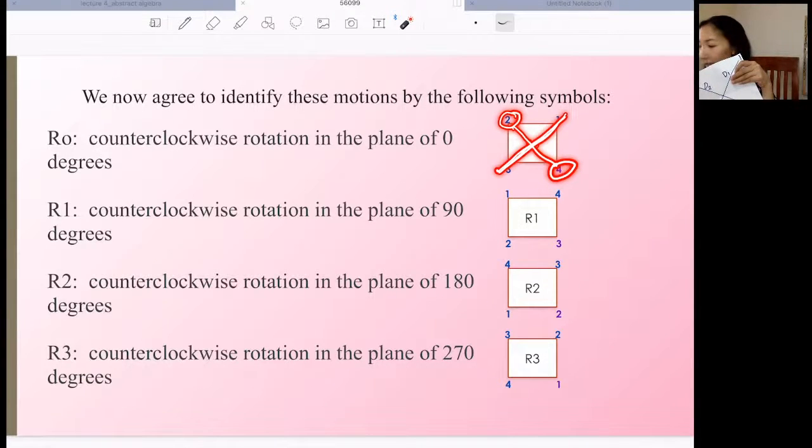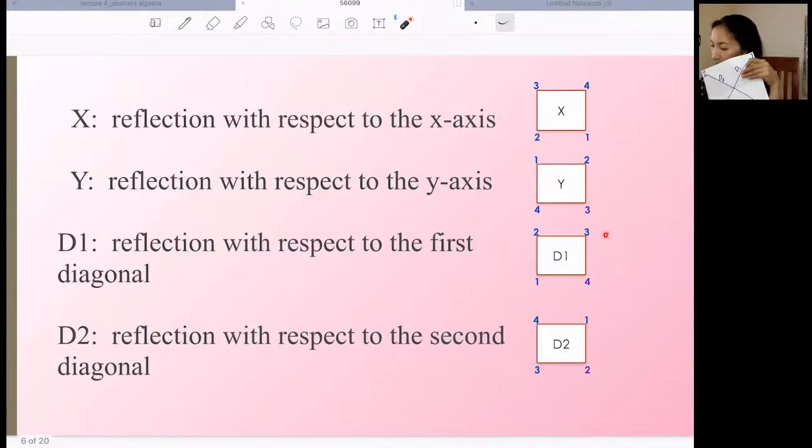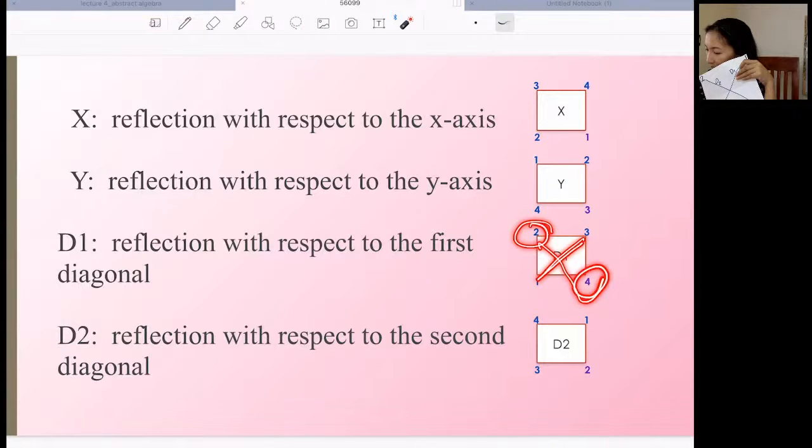Tingnan natin. Sa baba si 2, sa taas si 4. Let's see. Okay. Ay, bakit hindi ko binaba? Parang mali. D1, flip this over. Should be 2 here, 4 here. Or baligtad tayo. Second diagonal.